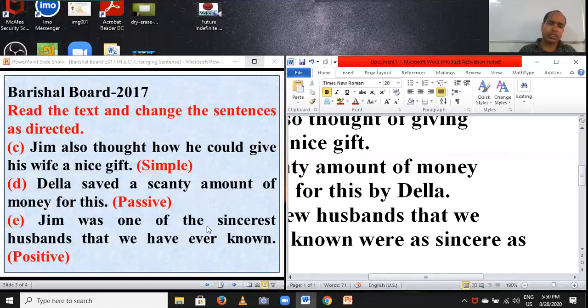And you have to set the subject of this sentence: Jim is the subject in this sentence, so you have to write J-I-M, Jim. Dear students, in this way, by using this formula, you can change a superlative into positive.